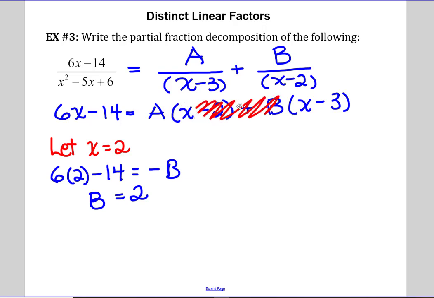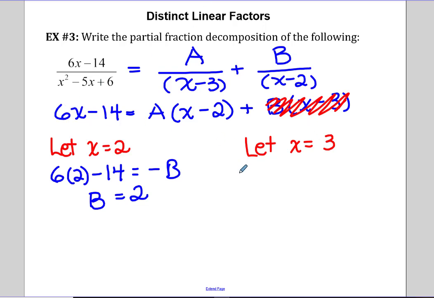Then, using that same kind of logic, if we let x be 3, we could cover up that side. So by allowing x to be 3, on the left-hand side we have 6 times 3, that's 18, minus 14. And if we put a 3 here, that's going to be equal to a.